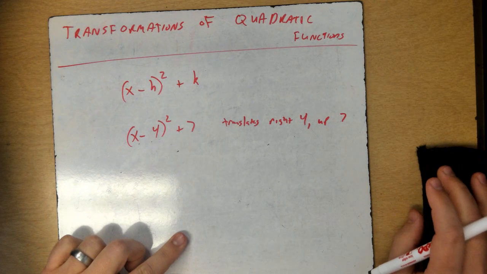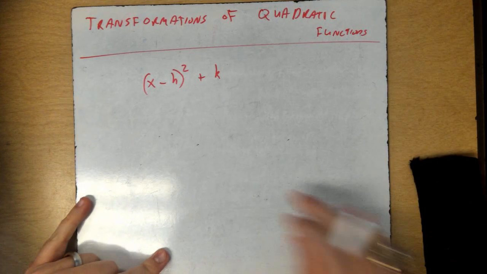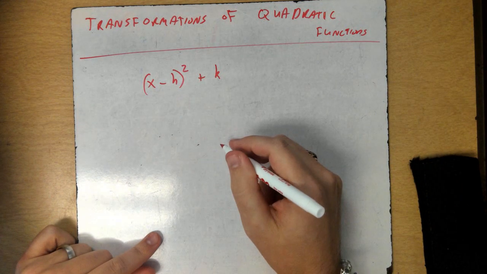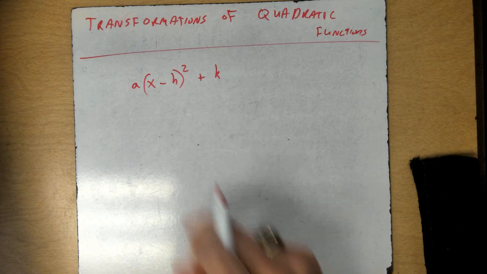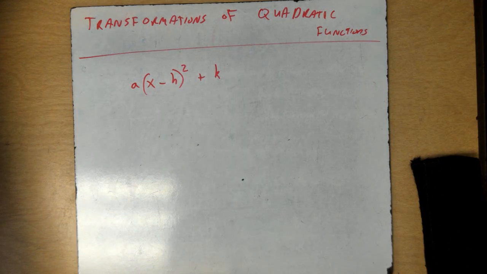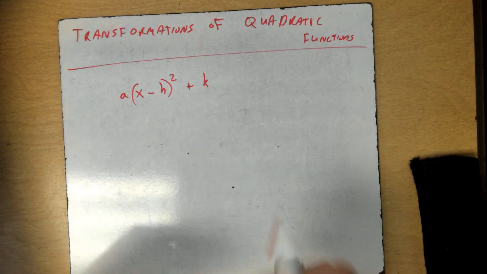Alright, let's add another element to it. So we have our base here. What if we add in the front an A? Now here, this tells us how our graph shape is going to look in terms of being wide or narrow, or how it's going to look up and down.